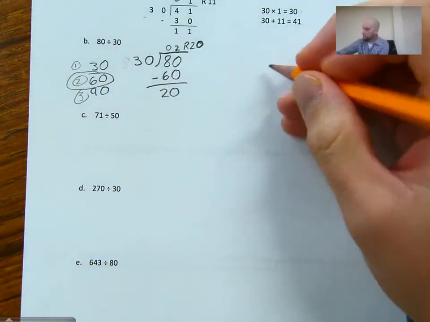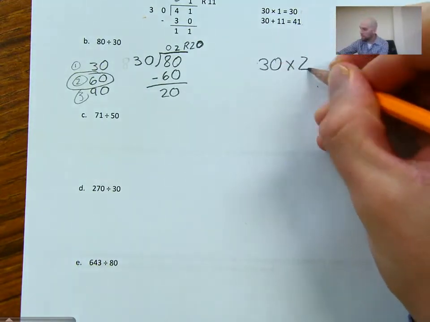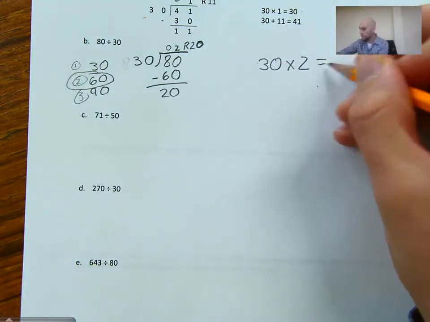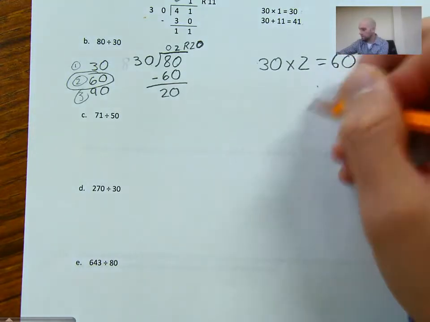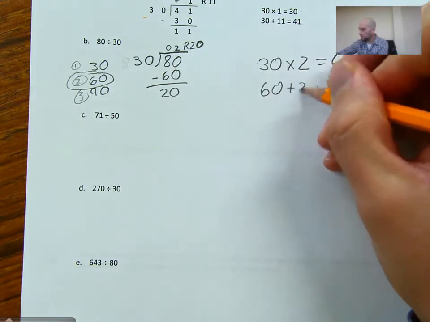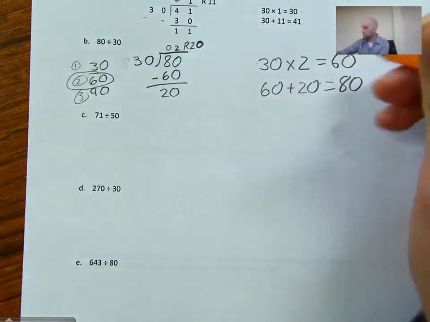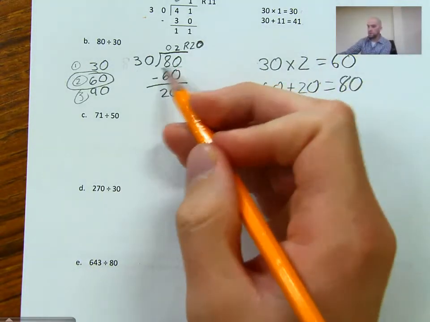So 30 times 2 is 60, and then 60 plus 20 gives us 80. And 80 is our dividend.